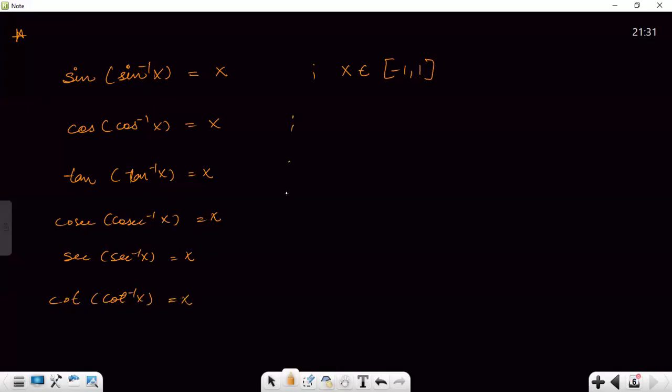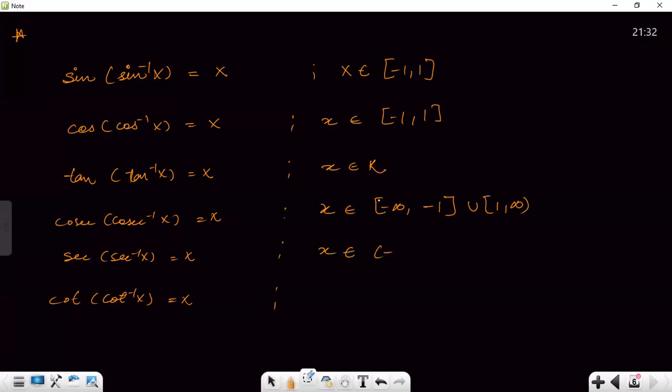In their ranges or domain, as we call it, like the range for the trigonometric function. Here the range for cosine is -1 to 1. For tan, it is all real numbers. For cosec, it is minus infinity to -1 and 1 to infinity. For sec, also the same.